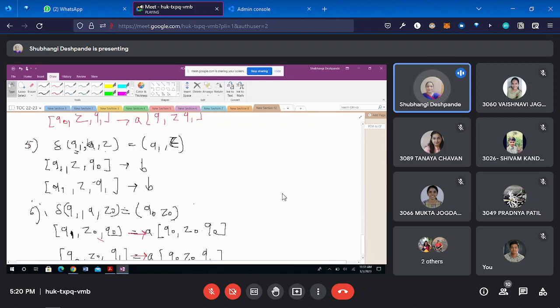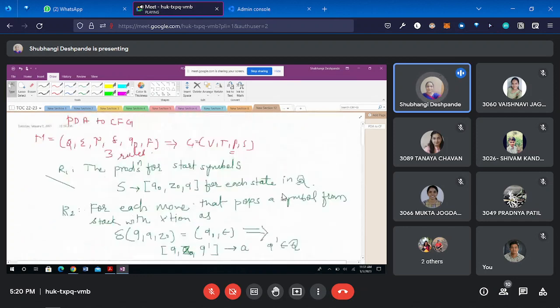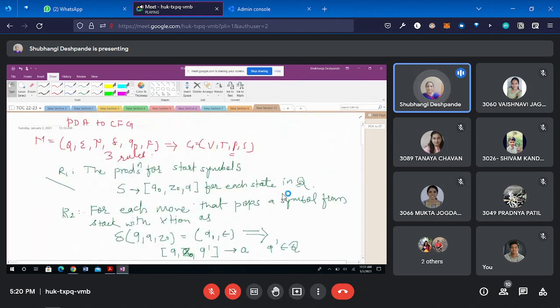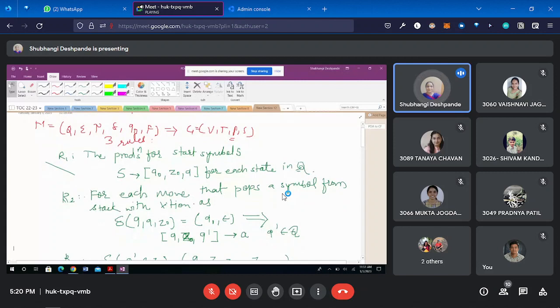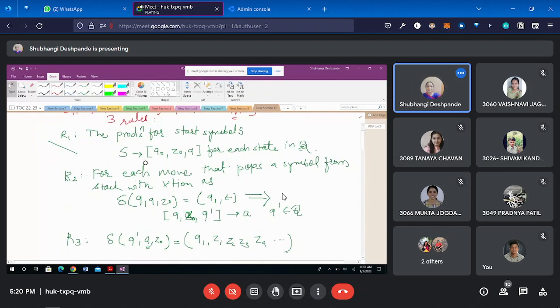Okay. So what we have done here, you have to remember. See here, I am explaining again. Listen carefully. So you have to remember these rules. First rule is what? The production for the start symbol in Q. Now in Q means what? For every state in Q, you have to write down the start production.